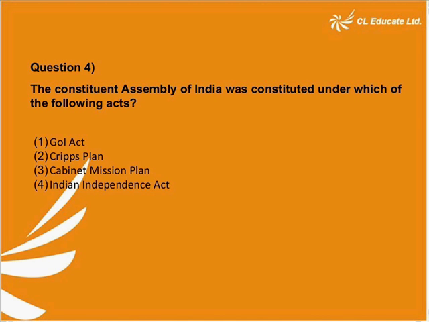Well, the India Independence Act, certainly 1947, gave us independence. The Cripps Plan was in 1942. Now, the Cabinet Mission Plan is the correct answer. It finally gave way to our constitutional body. The Constituent Assembly was constituted under the 1946 Cabinet Mission Plan. Remember that. And the Government of India Act finally became the basis of the Constitution that we framed. So that is very important.